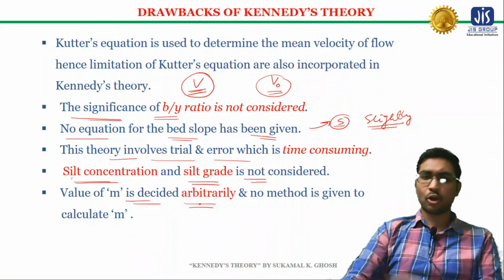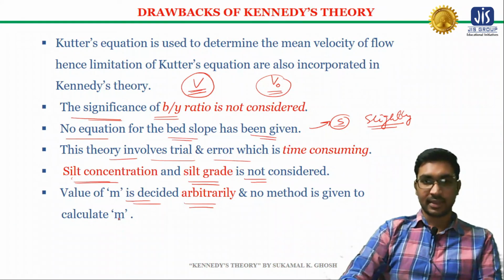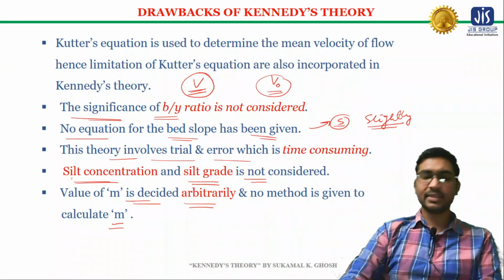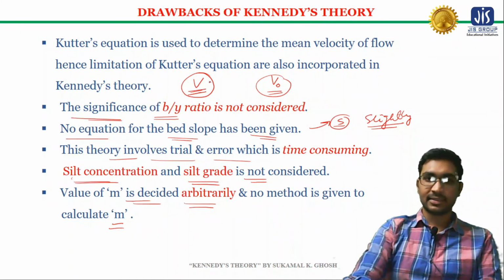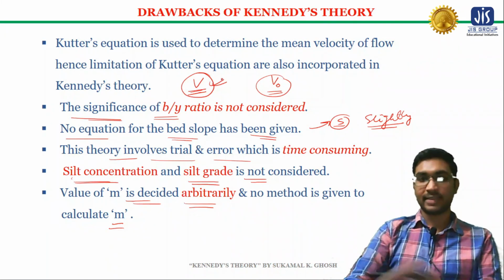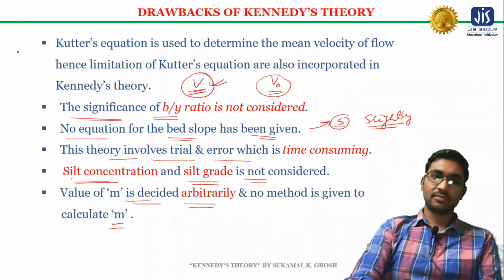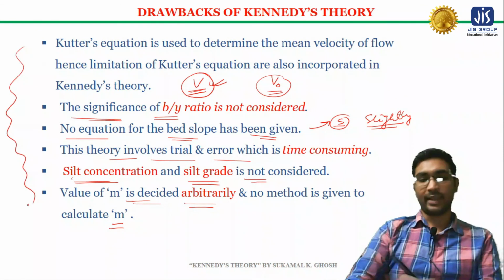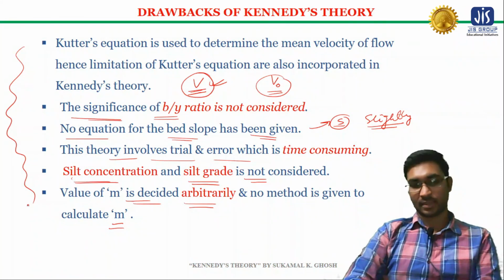No method or expression is given to calculate this m, just like no expression or method is given to calculate the actual mean velocity. So these are the main limitations or drawbacks of Kennedy's theory.